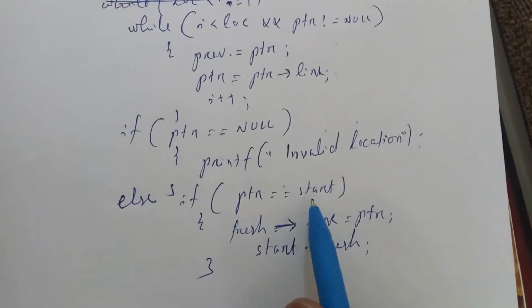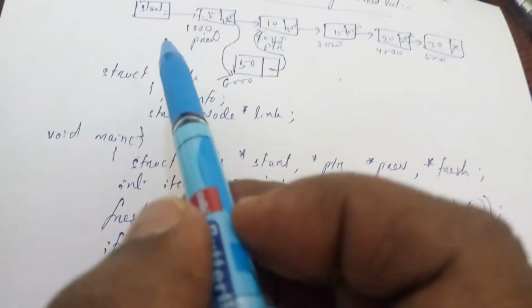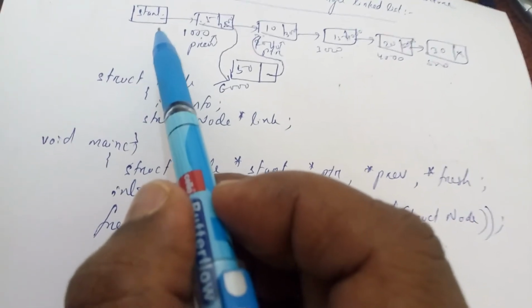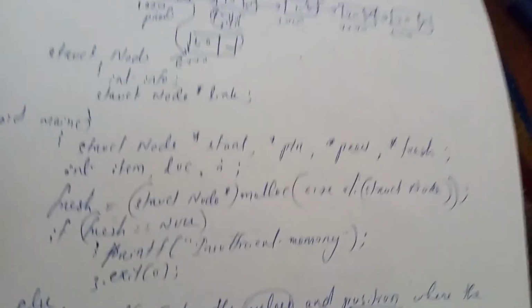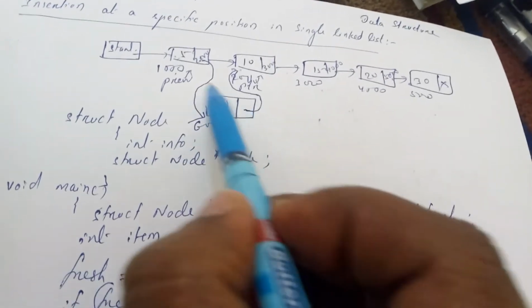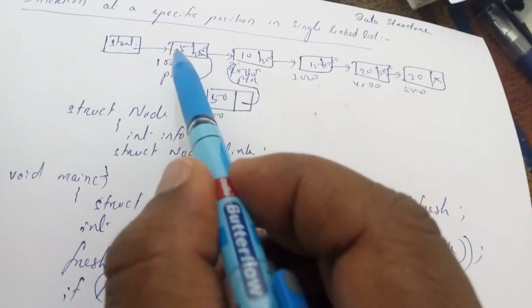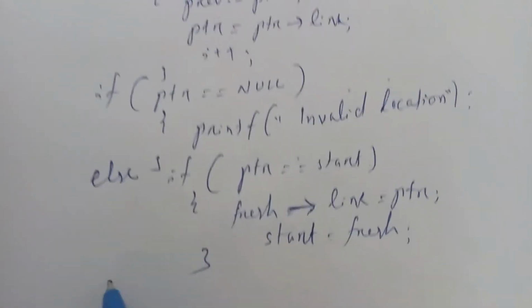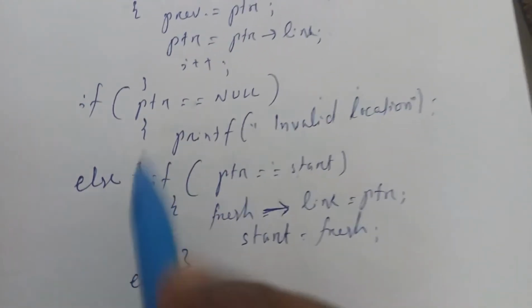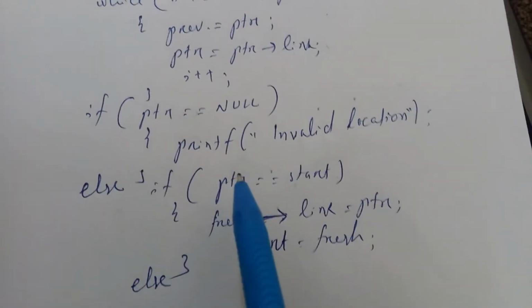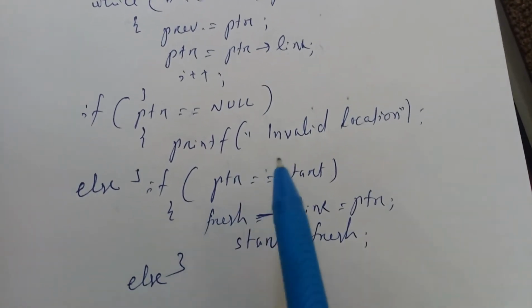If ptr equals to start, that means we want to insert at the position 1. So fresh link will contain the address of the first node, and start will contain the fresh address. Else, any other position which is a valid position but not the first position.